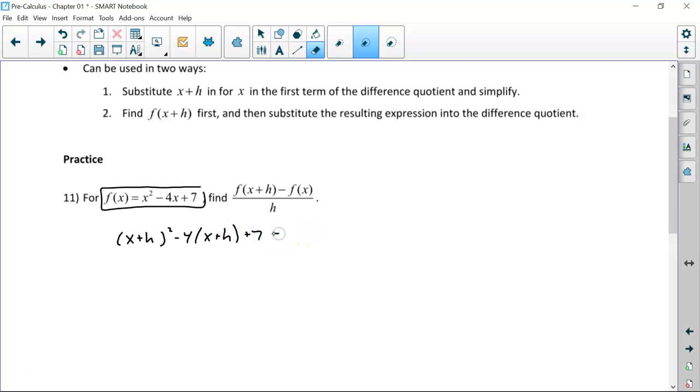And then we're subtracting f of x. Remember, grouping symbols. We're subtracting the whole thing: x squared minus 4x plus 7. And that's all divided by h.